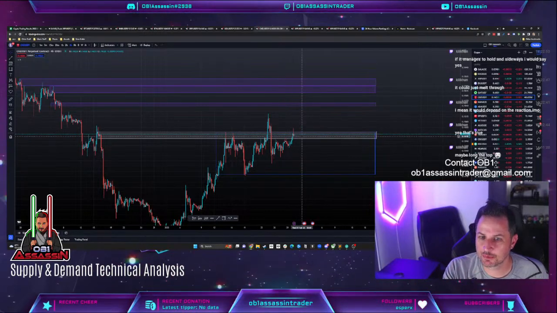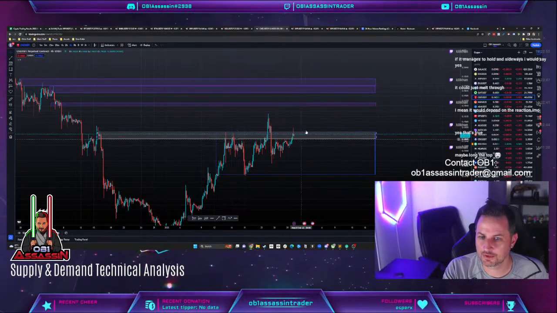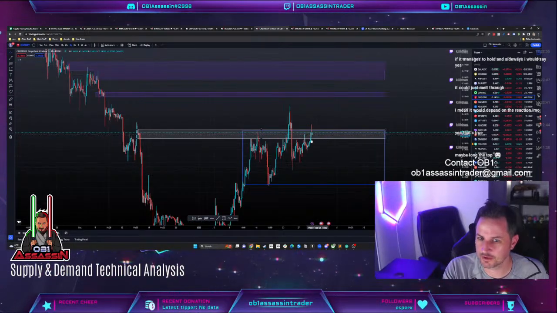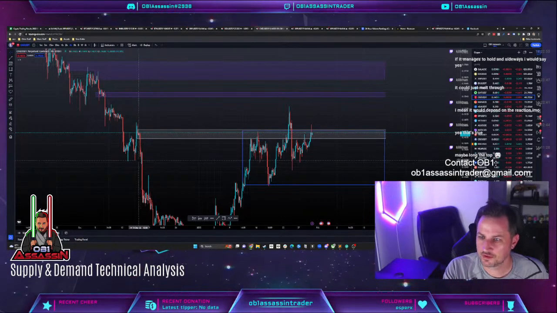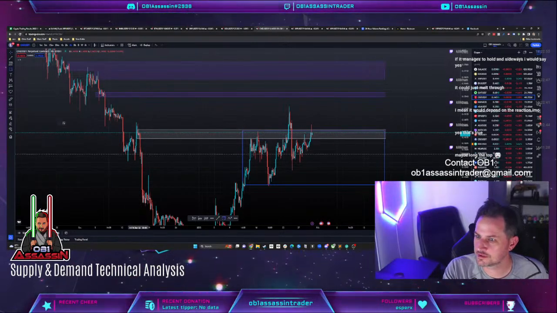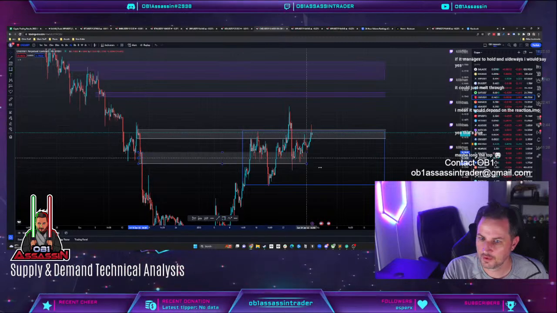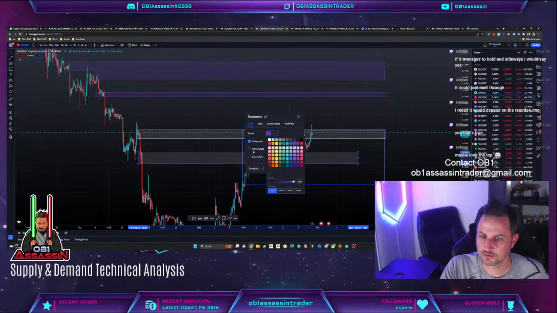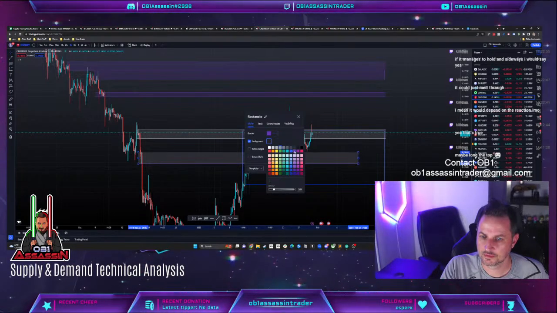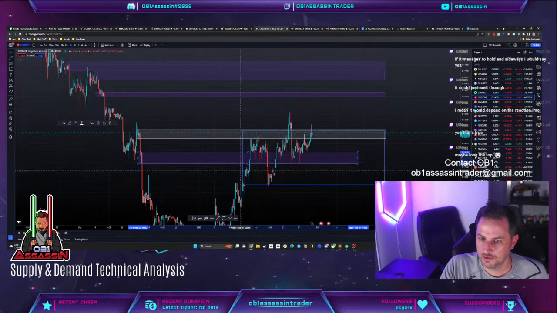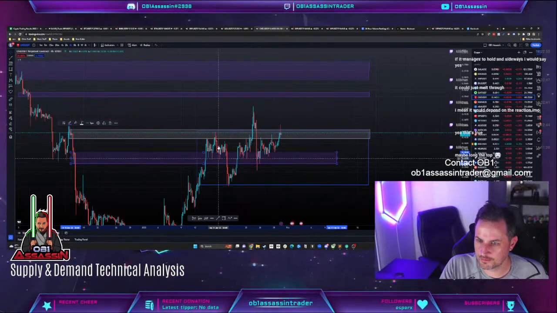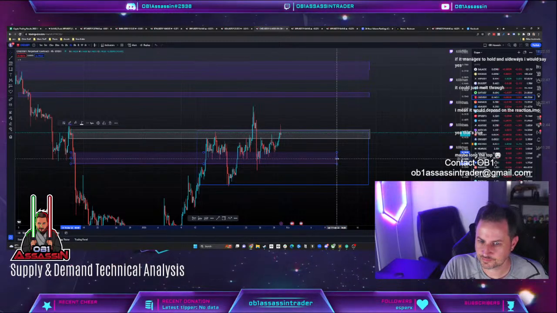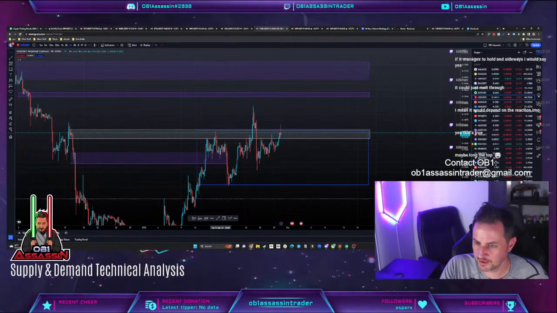It could become support right here for a long, potentially. Just looking at the chart briefly, that's what it could mean. In terms of over here, we've had this order block, which was pretty significant. See here, it was the driving force behind all this movement. It was broken from here and traded into. It's interesting.